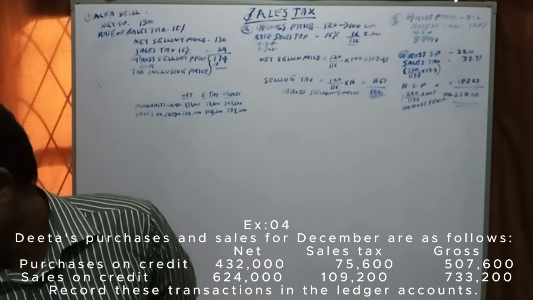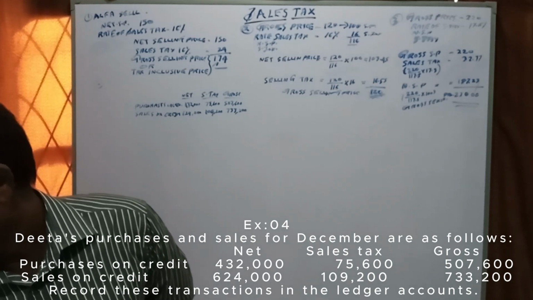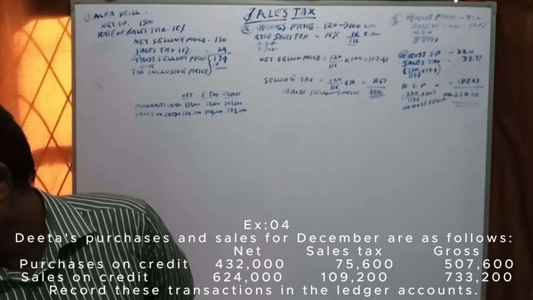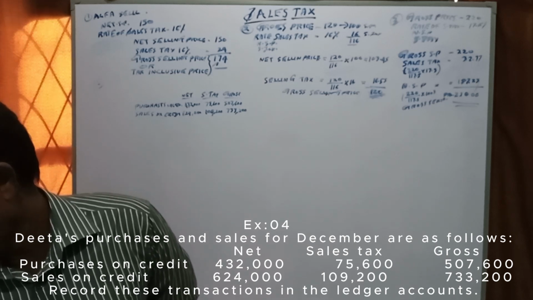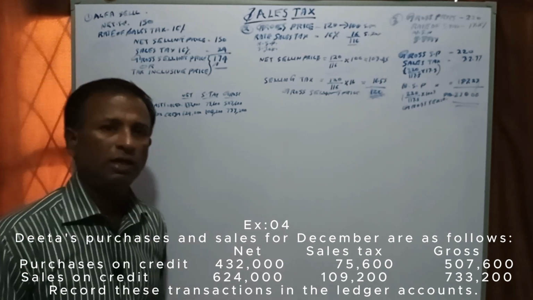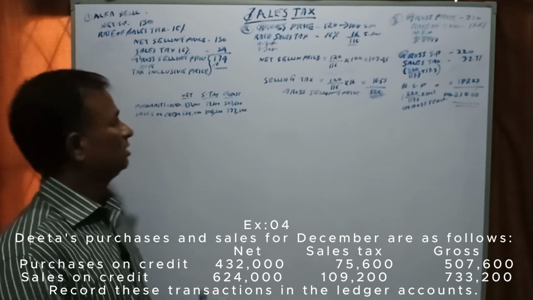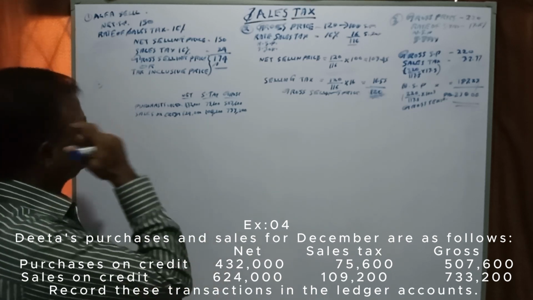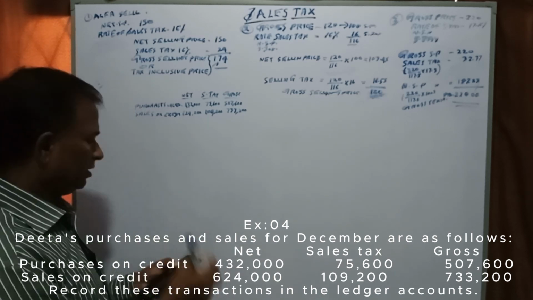Now, what is the requirement? The sales, purchases and sales for December are given below. Record the transactions in the ledger accounts. Right?